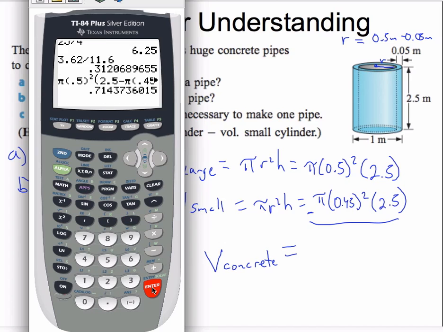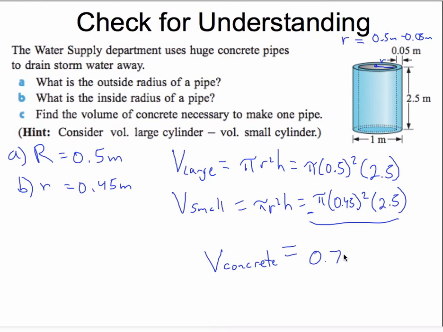Okay, and I do that and I get 0.714. 0.714 cubic meters of concrete is necessary.